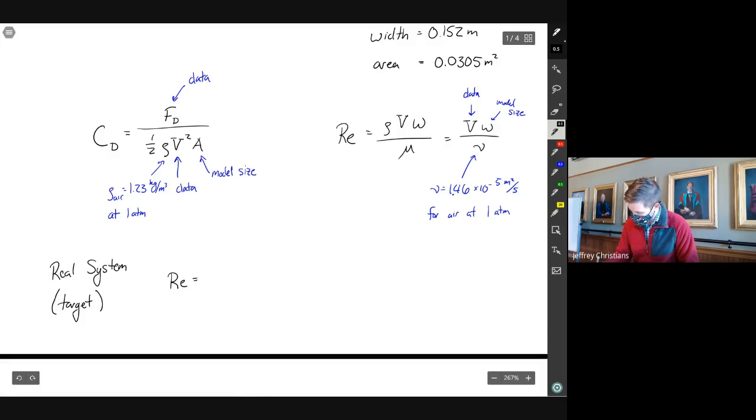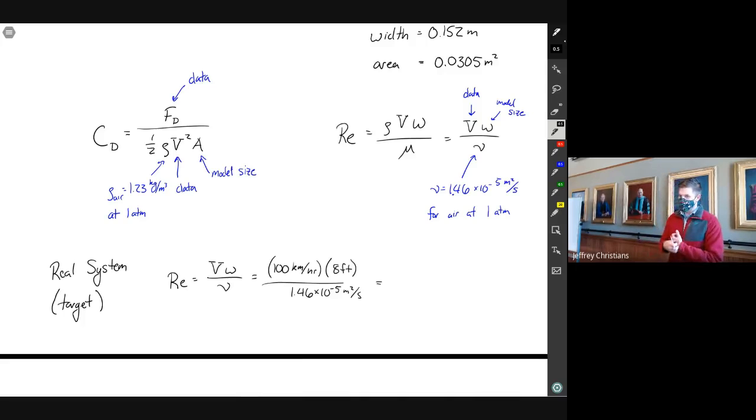The Reynolds is equal to velocity, width over kinematic viscosity, which is 100 kilometers per hour, 8 feet wide, divided by 1.46 times 10 to the minus 5 meters squared per second.